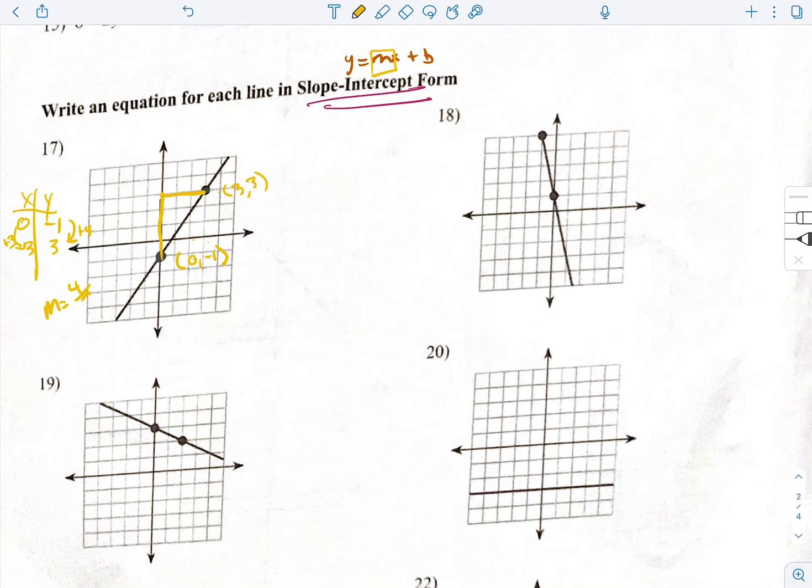And then we do our change in y over change in x. Or we can just rise over run. Go up 1, 2, 3, 4. Right 1, 2, 3. Plus 4, plus 3. And then remember, slope is y over x, which is why we have 4 over 3. So either way you get it, the slope is 4 over 3.